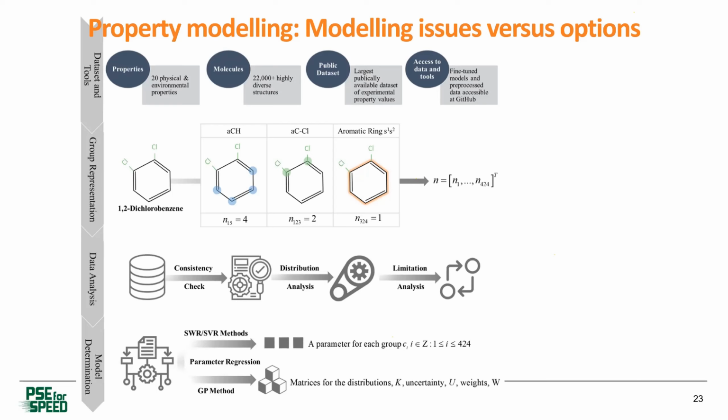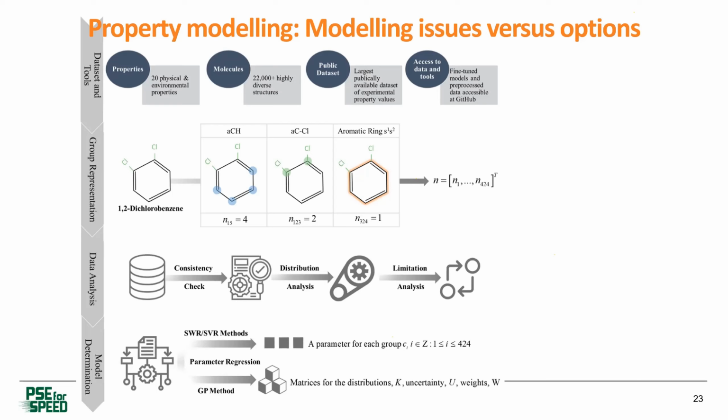So that's the database. Once we have identified the property and the chemicals that have that property, we need to represent the chemical in the form of groups. So what are groups? We will see later, but these are a combination of atoms, not totally a molecule, but part of a molecule. So in principle, we have a total of, let's say, 424 functional groups.